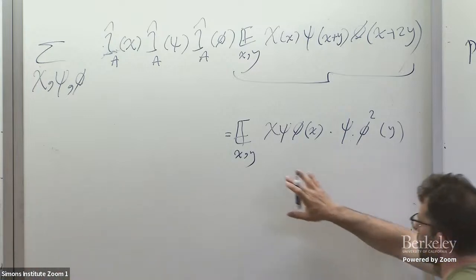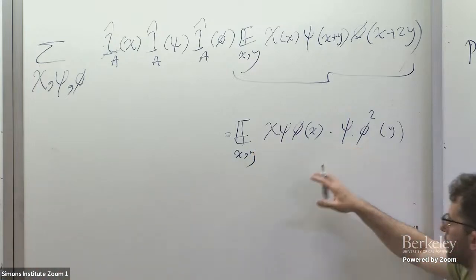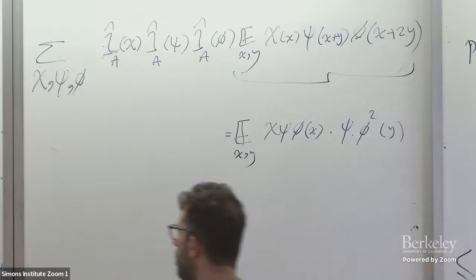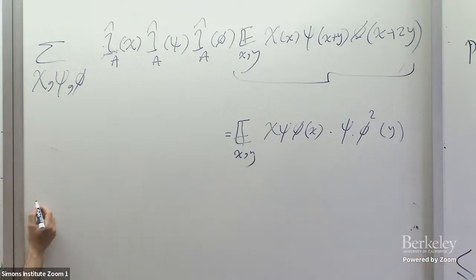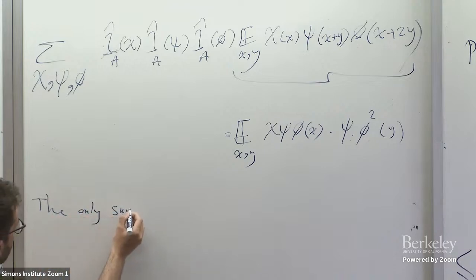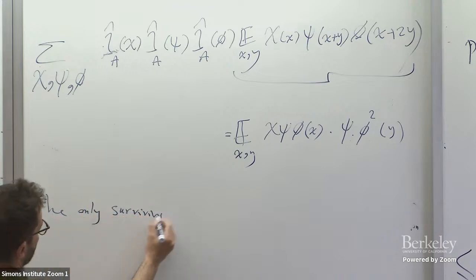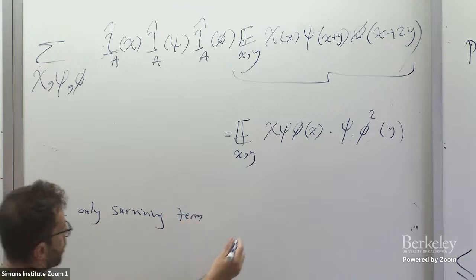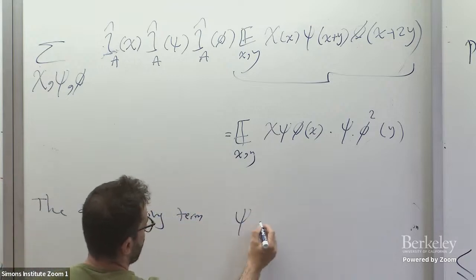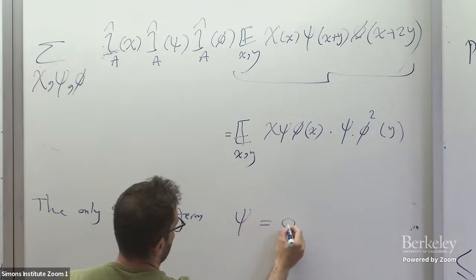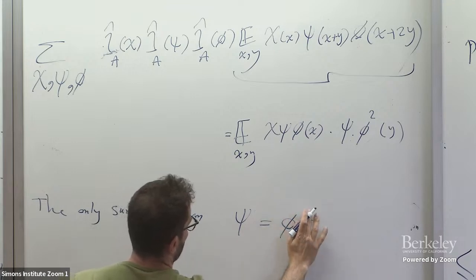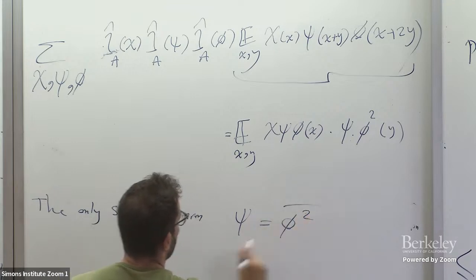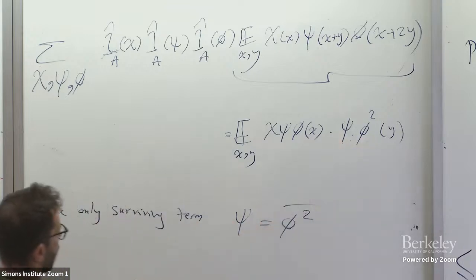So I have these two characters here, this one and this one. Again, this expected value is 0. The only surviving term, so I'm going to have that this is phi conjugate to make this the principal character.